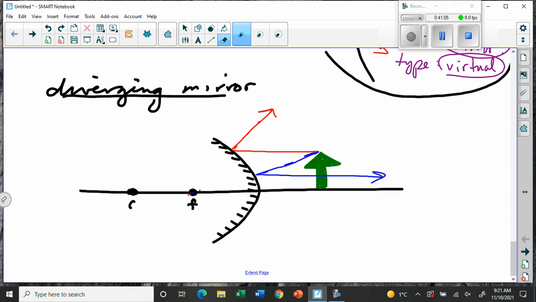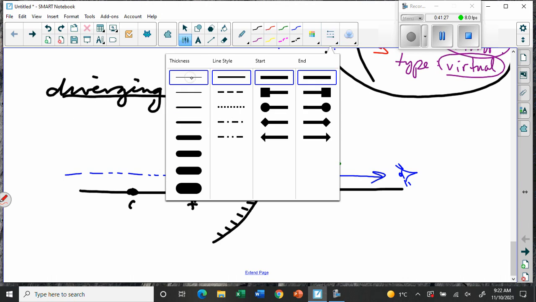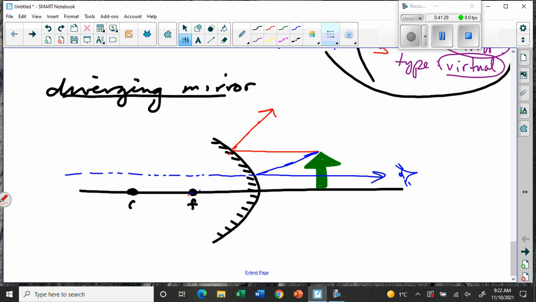What we want to see on this side of the mirror are the lines that show where these light rays seem to have come from. So if an eyeball were to see this blue ray of light, it would think it came from somewhere back here. Dotted line.